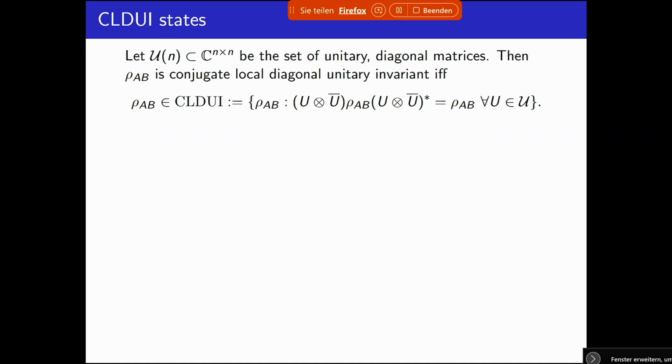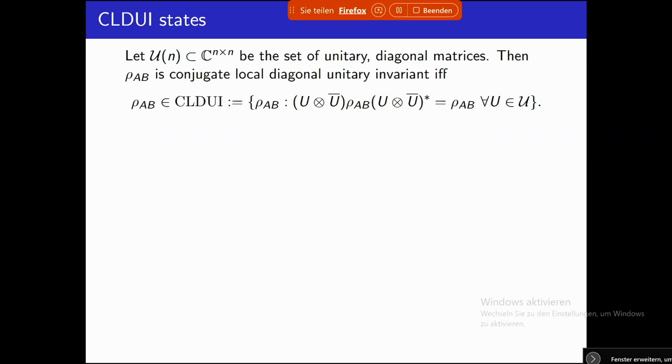Okay, so this was the first ingredient. Now we come to the second ingredient, which are the so-called CLDUI states. So what we have is the set of all unitary diagonal matrices. And the emphasis here really is on the diagonal.